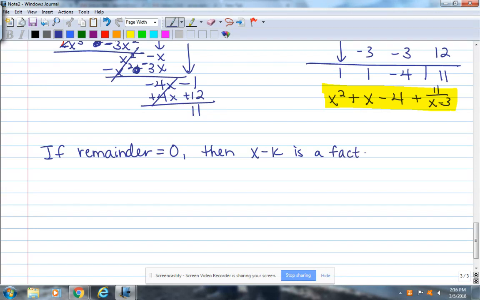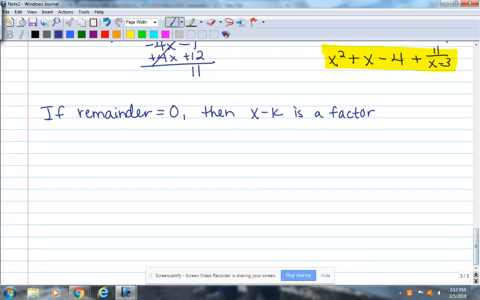So if your remainder is a 0, then your little binomial that you were dividing by is a factor of that polynomial. So that goes back to factoring. If the remainder is 0, that means that binomial divided evenly into it, and you don't have a remainder, which means it's a factor. So we're going to see some of those.